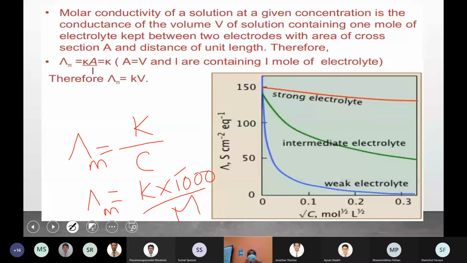That means conductivity measured per 1 mole of an electrolyte is called molar conductivity, and the equation is conductivity divided by the concentration, that means molar concentration. You have to take the concentration in terms of molarity. That is why in the second equation you can see K into 1000 by molar concentration, molarity.